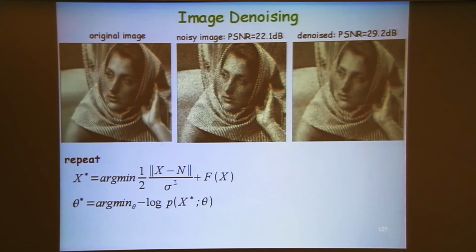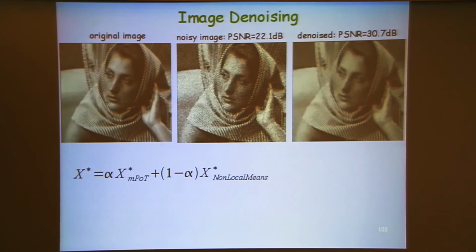So what I did was interpolate this model with a non-parametric model. The best denoising methods on images that have strong texture, like this one, are non-parametric. For instance, one of them is called non-local means. In non-local means, it's very simple. For every pixel that you want to denoise, you take a patch that surrounds it, and then you look in the image for other patches, and you compute the Euclidean distance between your patch and each other patch.